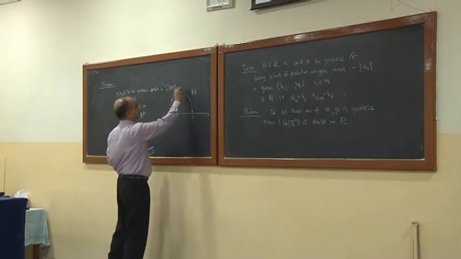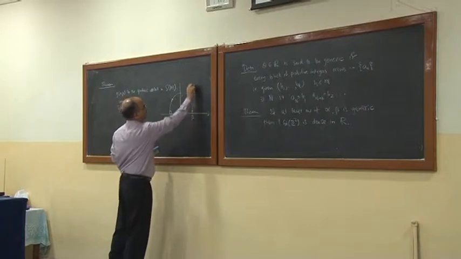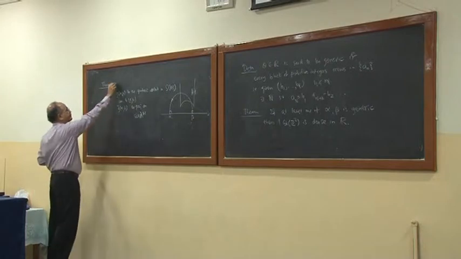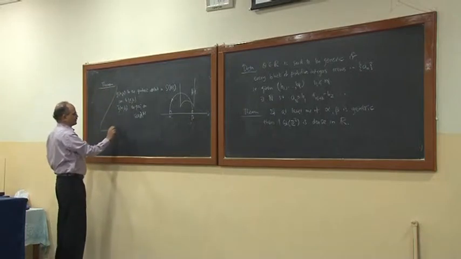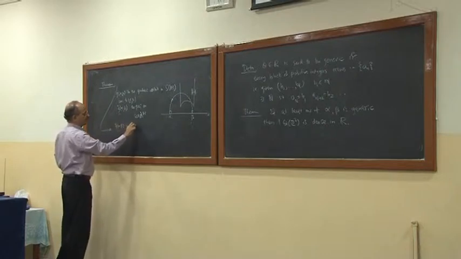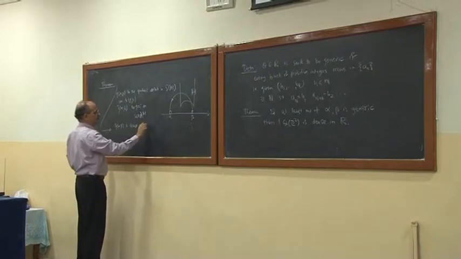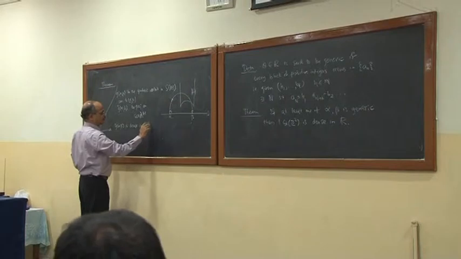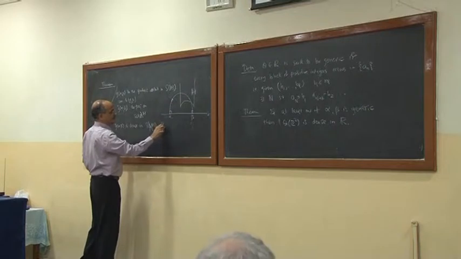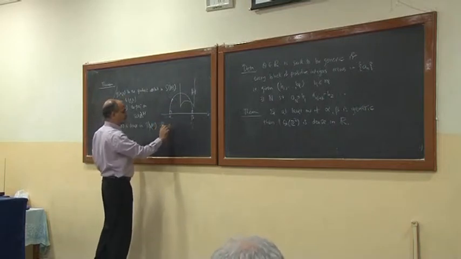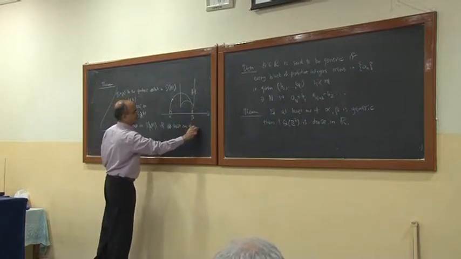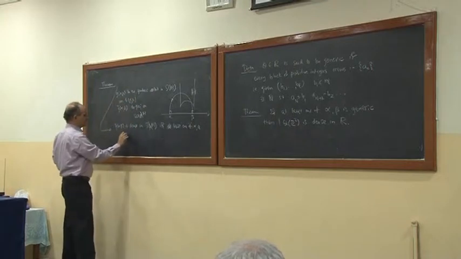Can you bring to your memory the usual picture of the modular surface? I am projecting onto this, and now the theorem is that G bar alpha beta is dense in the unit tangent bundle of the modular surface if and only if at least one of alpha, beta is generic.